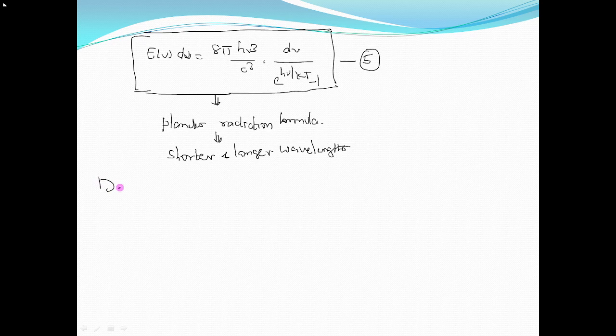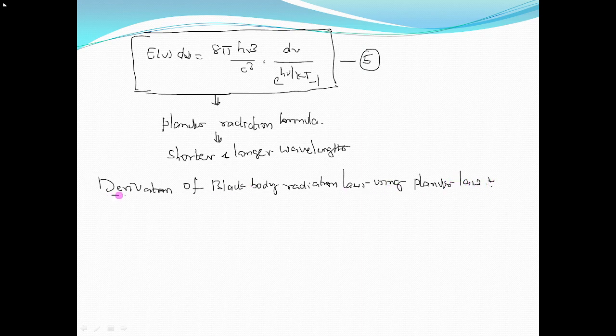Now we'll do the derivation of black body radiation laws using Planck's law.